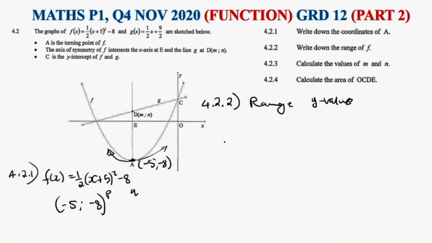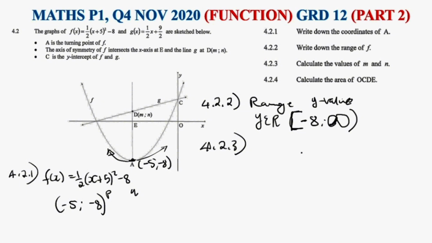So in this case, our limit in terms of y is: y is an element of all real numbers, from minus 8, going to infinity. That should make sense. We start from minus 8, then everything else from there can go as far as it goes.